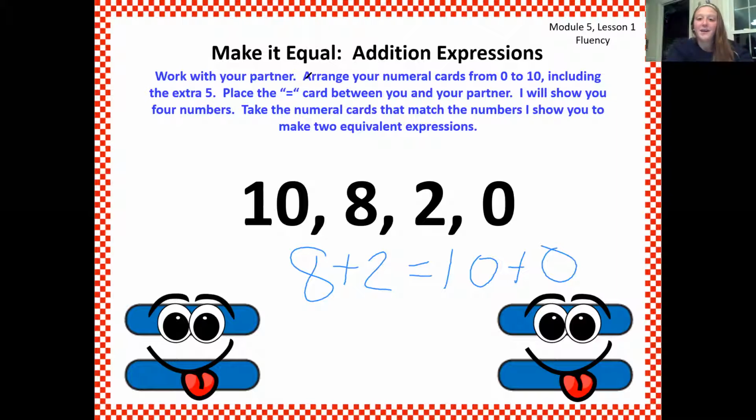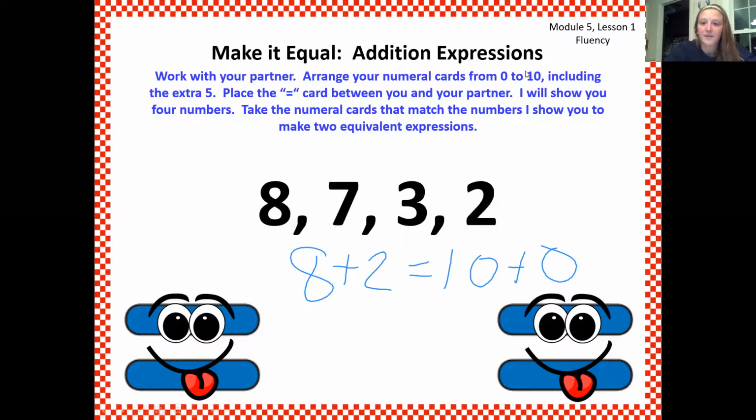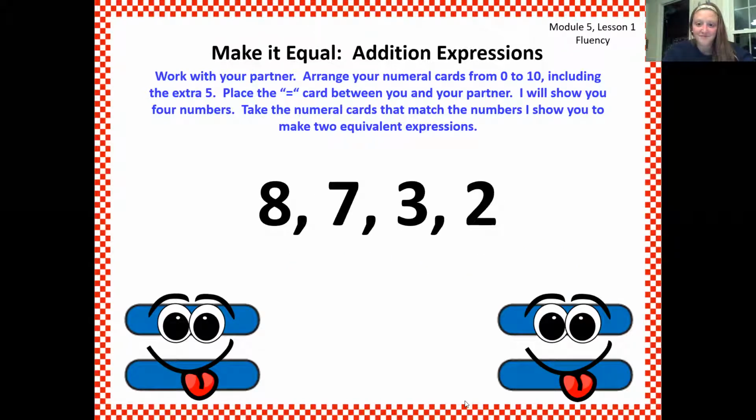They're balanced, okay? Let me clear this. Your turn. 7 plus 3 equals 8 plus 2 because both sides equal 10.